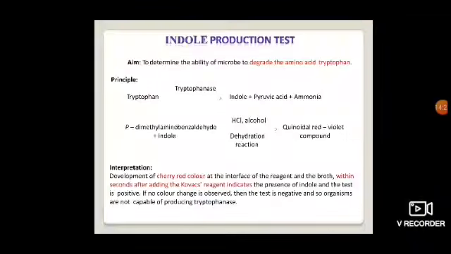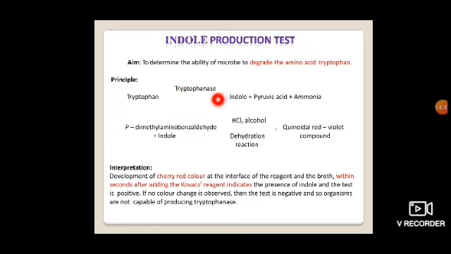Okay. So in this slide we can easily observe the reaction of indole production, and the aim here is to determine the ability of a microbe to degrade the amino acid tryptophan. The first initiating product is tryptophan.